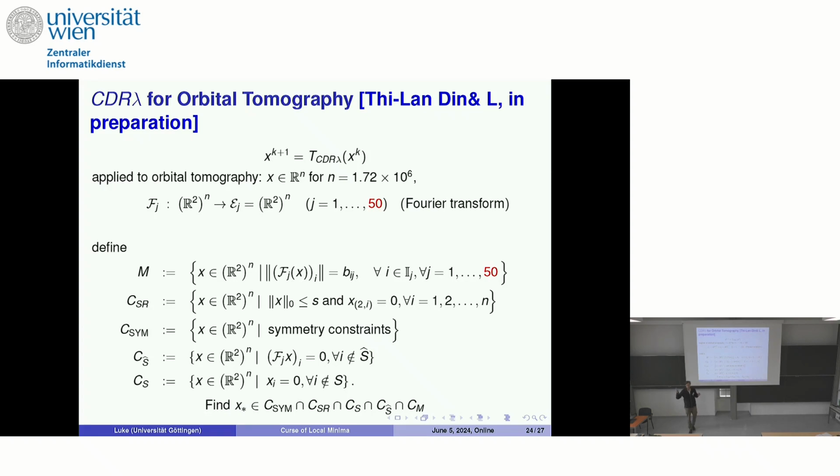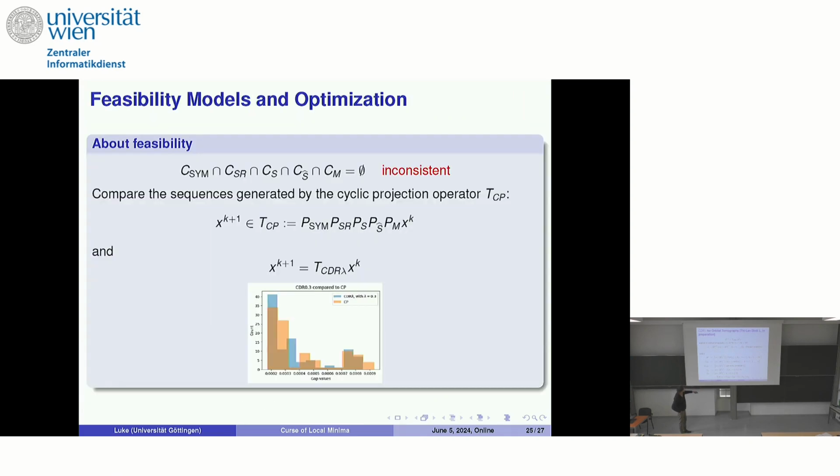So they can save a half a week to a week of lab time by using these algorithms. Then we put in symmetry constraints, a sparsity constraint, and support constraints. Except for the sparsity constraint, these are all convex constraints. This one's easy to deal with. And so this is the feasibility problem we're solving.